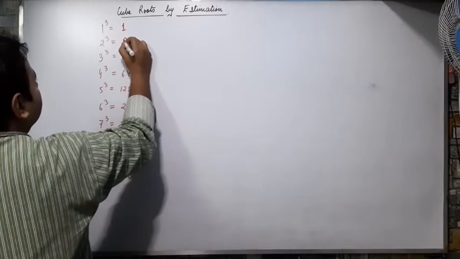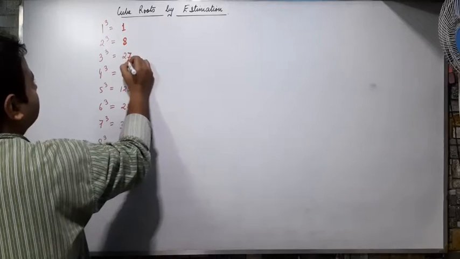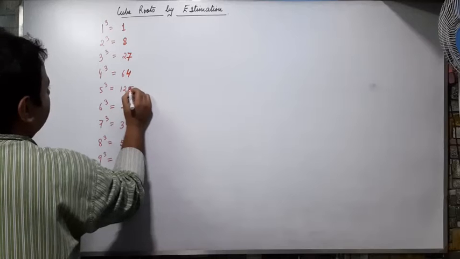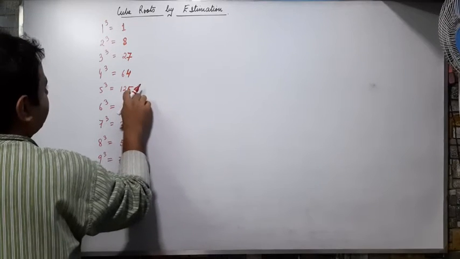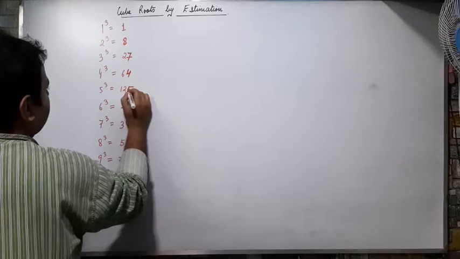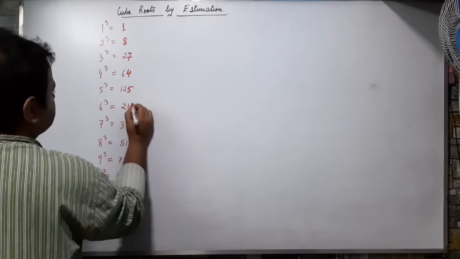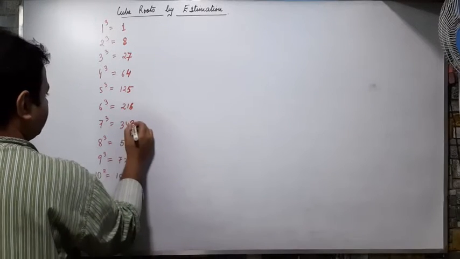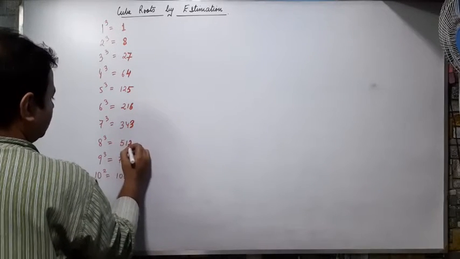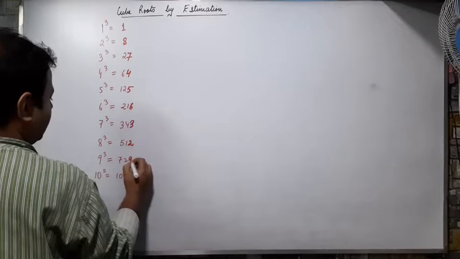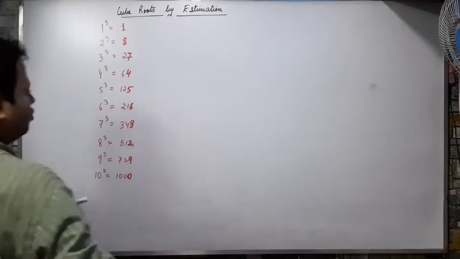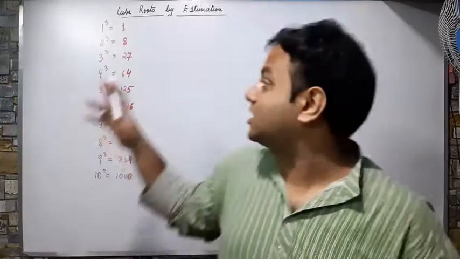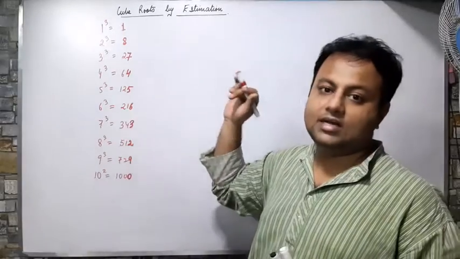This is 1, this is 8, this is 7, this is 4, this is 5, this is 6, this is 3, this is 2, here we have 9, and here we have 0. So these are the ones digits: ones, tens, hundreds, thousands. The ones digits are different for each of the numbers.